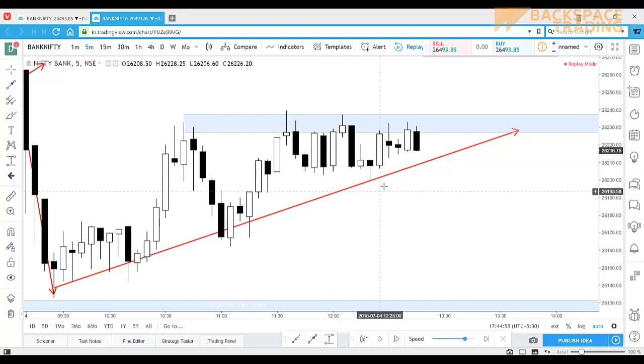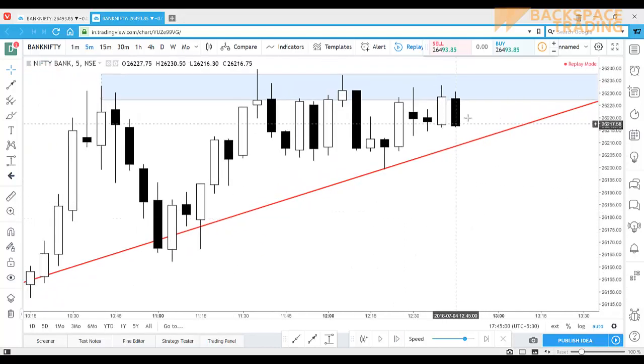Price is printing. Now we are going to analyze the candle being printed. Over here, what is this candle? Based on the second type of candlestick analysis, it is closing right around the top portion. We can call it a high close candle.